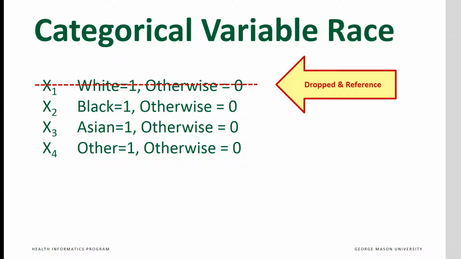Suppose we select white as the reference value. This is the situation where all the other 3 indicators are 0. Regressing on black, Asian, and other categories is sufficient to estimate the impact of race. The intercept B0 in this equation estimates the impact of white race. The slopes for the other race parameters indicate the impact of black, Asian, or other race categories.